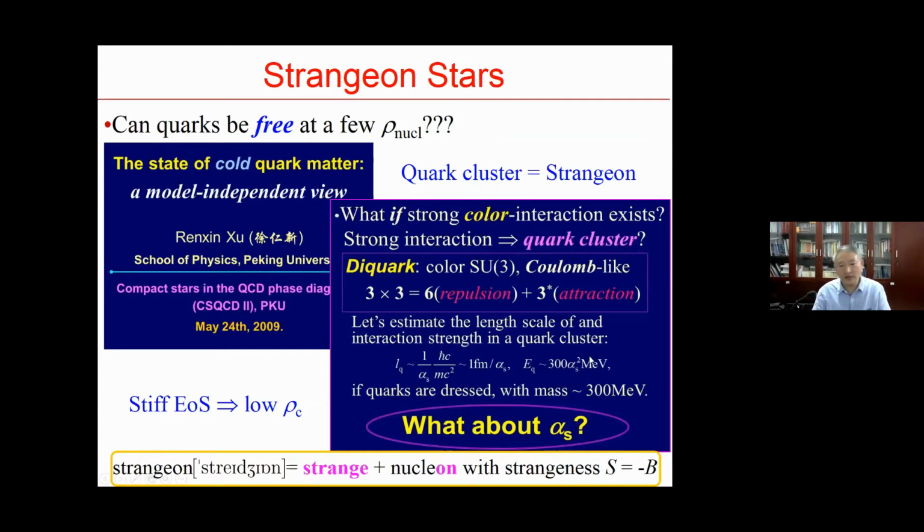Actually, in 2009, at CSQCD 2, at the Kavli Institute for Astronomical Physics, KIAA, we had the second CSQCD meeting in Beijing, on our campus.